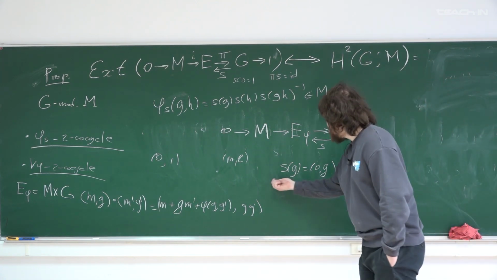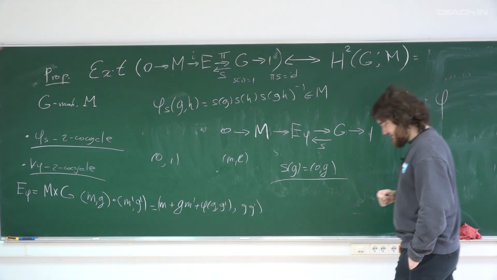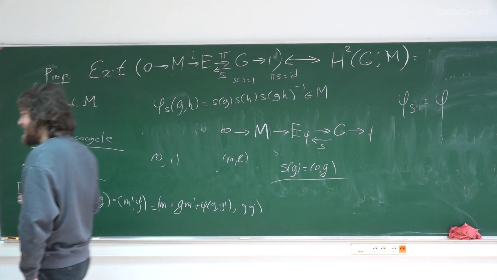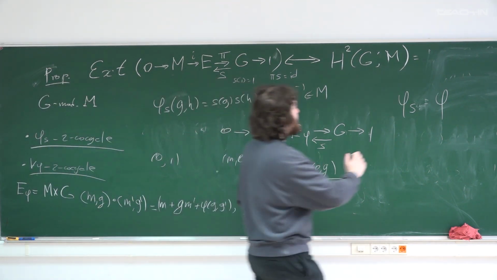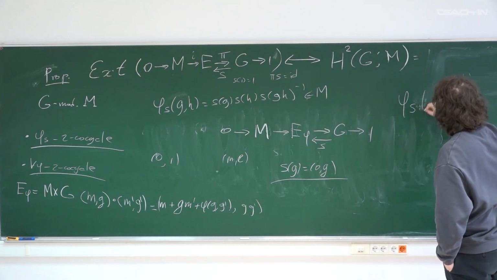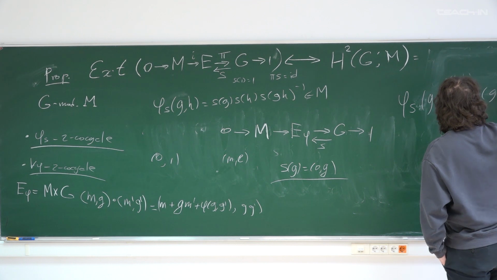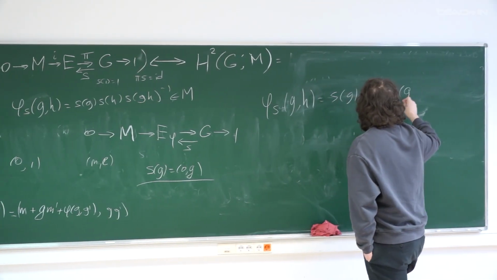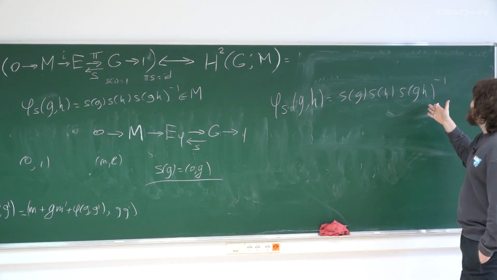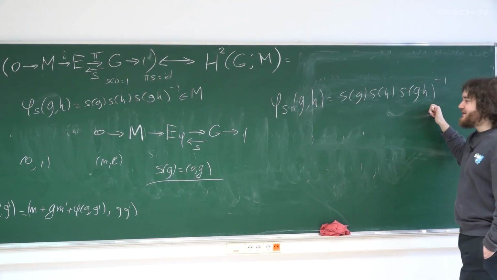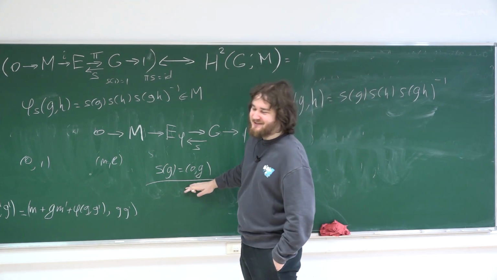This is a section. So we need to check that phi s is phi. By definition, phi s of G H is s(G) s(H) s(GH) to the minus 1. It's simple, but we need to understand what the inverse element is, at least for such elements.